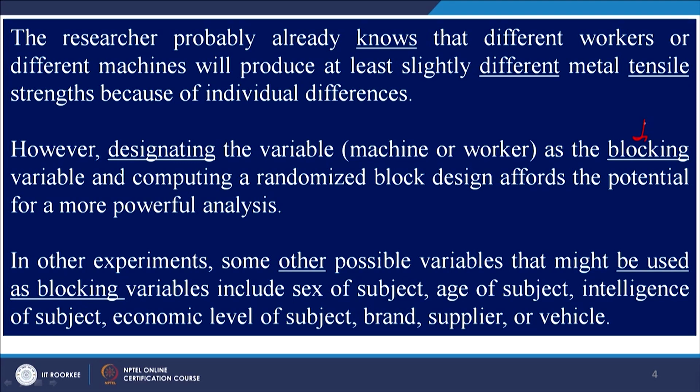You can have any confounding variable, let us say machine or worker or shift or humidity or any other confounding variable. That confounding variable would be designated as the blocking variable.